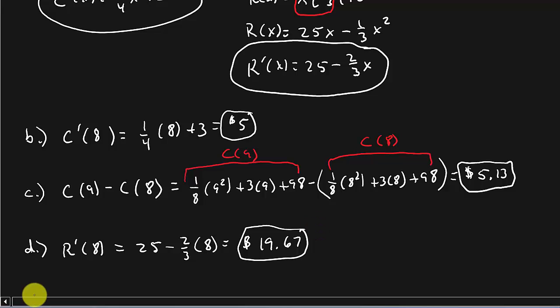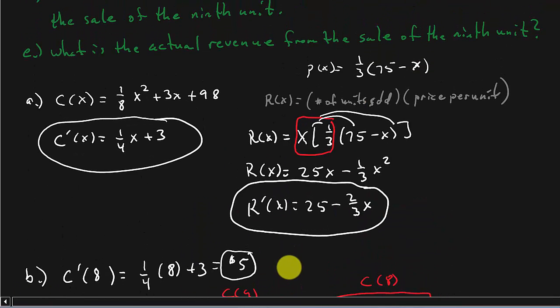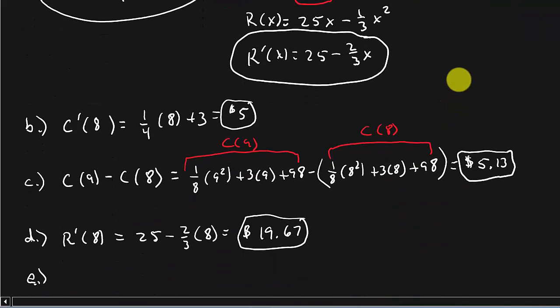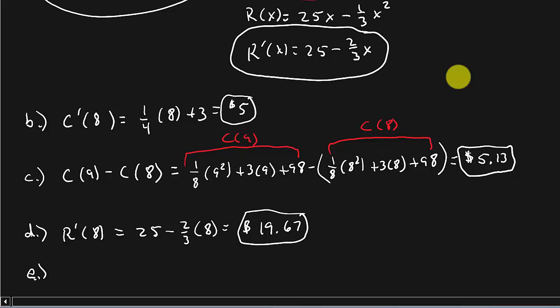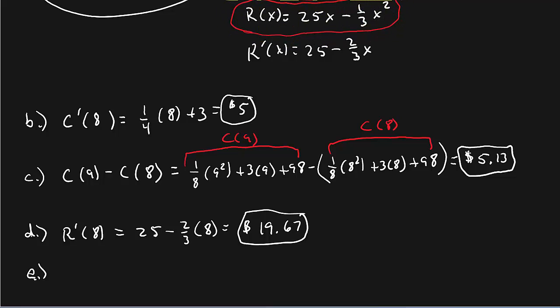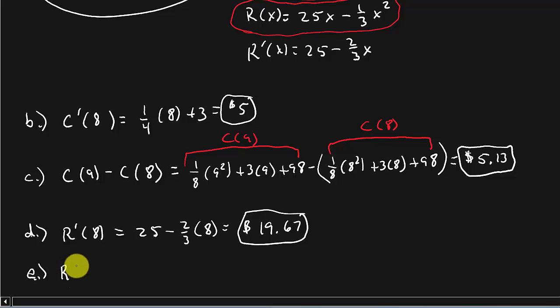And then part E, they want to know what is the actual revenue from the sale of the 9th unit. So for this one, let me erase that. So for this one, we've got to use this function. So this is going to be R of 9 minus R of 8. That's your revenue function.